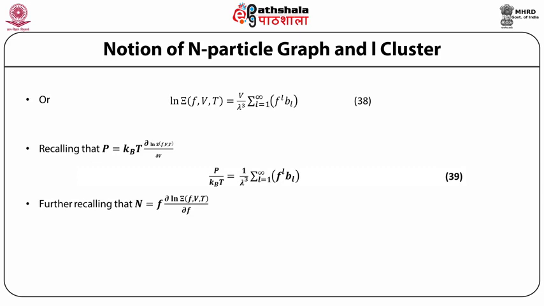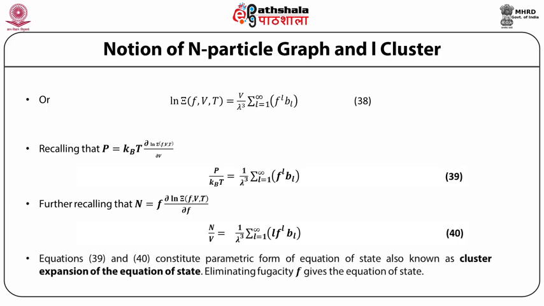Further recalling that the number of particles N is equal to fugacity times the partial derivative of the log of the grand partition function with respect to f, N upon V is equal to 1 upon λ³ times the summation over l from 1 to infinity of l f^l b_l. Equations 39 and 40 constitute the parametric form of the equation of state, also known as the cluster expansion of the equation of state. Eliminating fugacity f gives the equation of state.